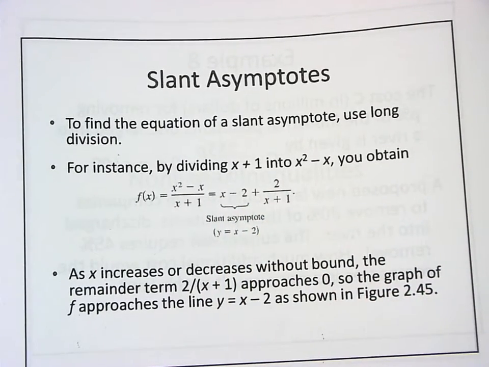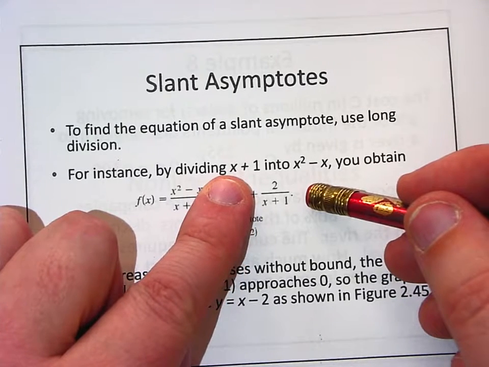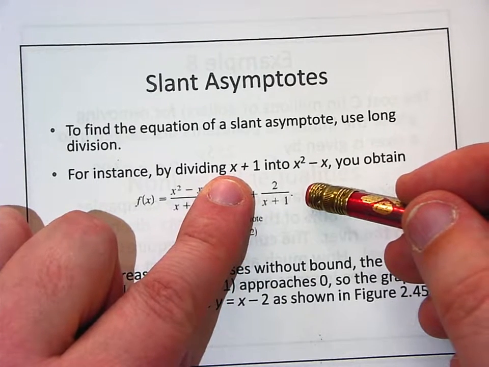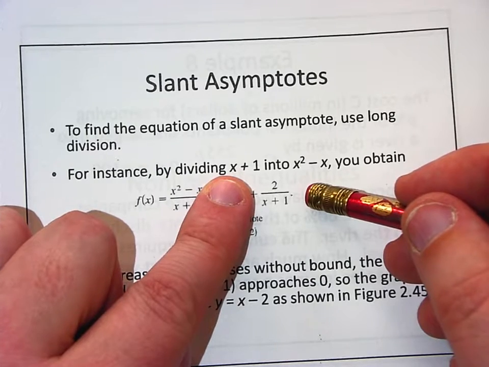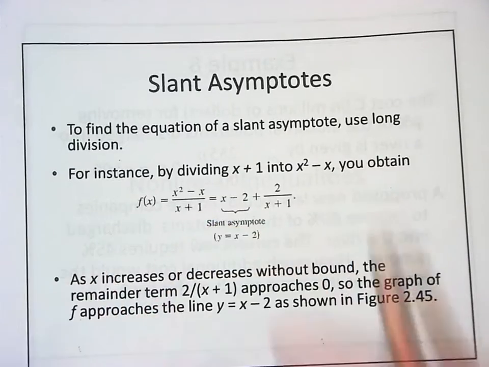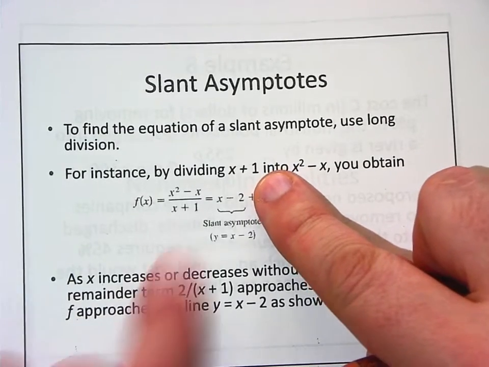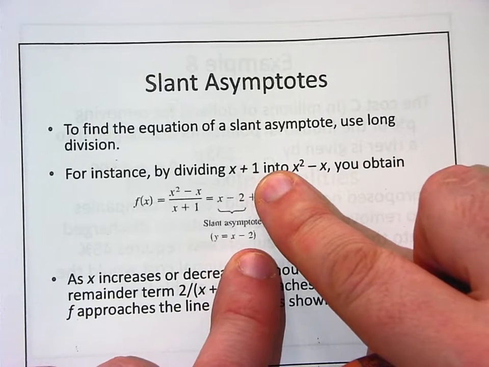Now I can do the same process as I did for the horizontal asymptotes. If you made x gigantic, what's going to happen to this fraction? Small. It's going to become irrelevant. It's going to become infinitesimal. So all that's left, behavior-wise, for really large values of x, since this becomes irrelevant, is just x minus 2.